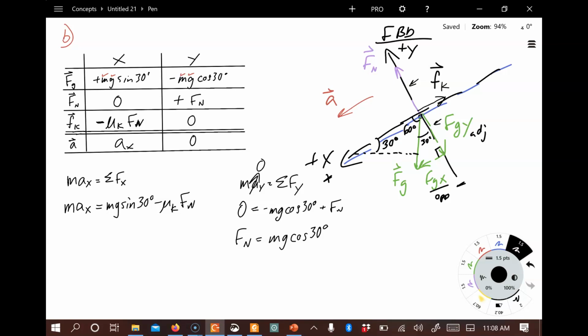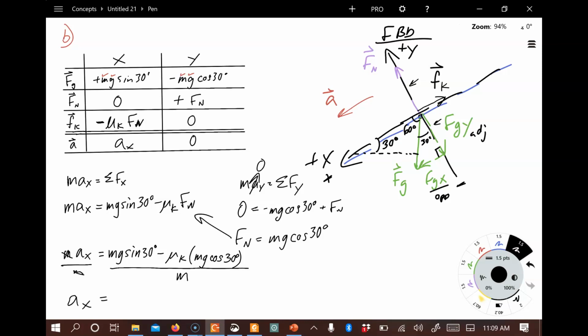And now we're just going to go ahead and plug this in here, and we'll solve for a. So we plugged in Fn. All we need to do now is divide by the mass, and we're going to end up with the acceleration, and we'll go ahead and plug our numbers in there.